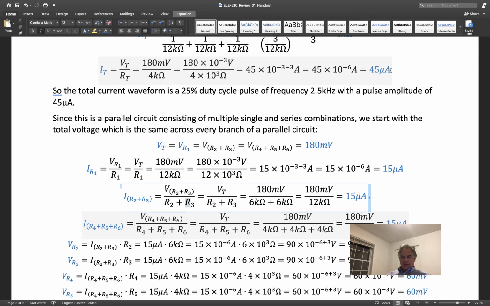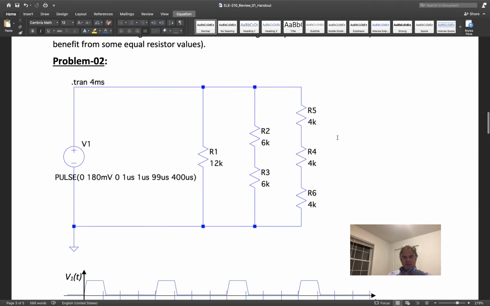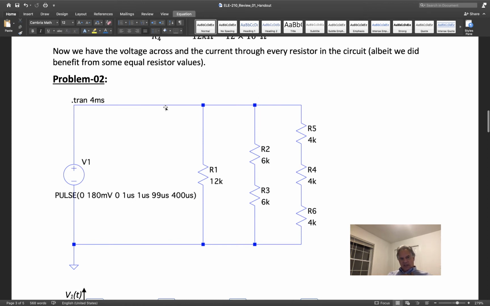We certainly want Kirchhoff's current law to be satisfied. So the current flowing into here is 45 microamps. We're going to lose 15 here. So you could say there's 30 microamps flowing here. We lose another 15 here, and then there's 15 microamps flowing there. And so the 15 microamps, 15 microamps, and 15 microamps all combine again to give us 45 microamps.